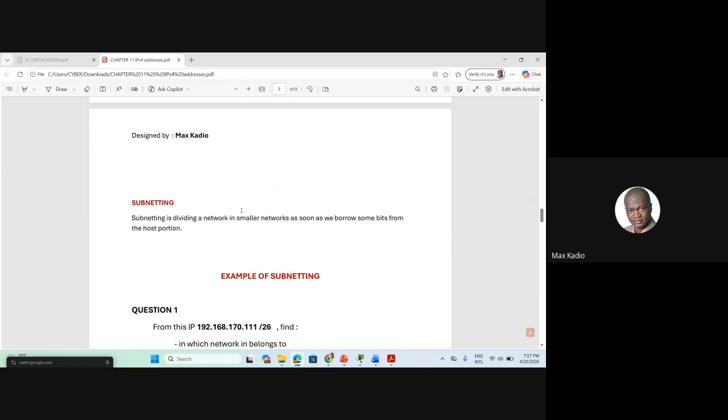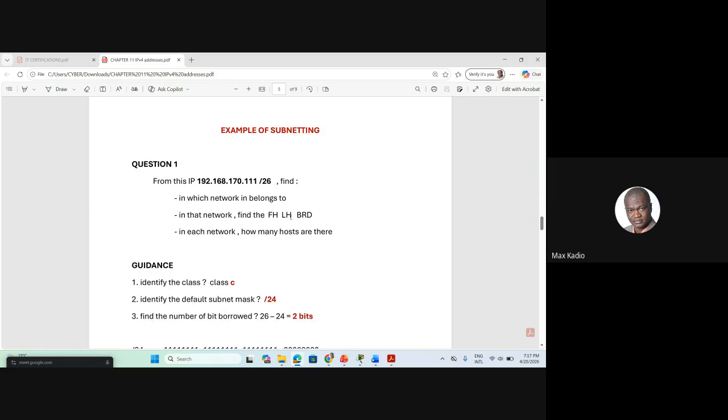Okay, so this is what subnet mask is, and we did explain also. So today we're going to do an example. Guys, please try to read a bit. So this is an example of subnetting.